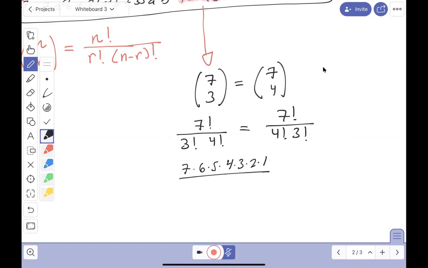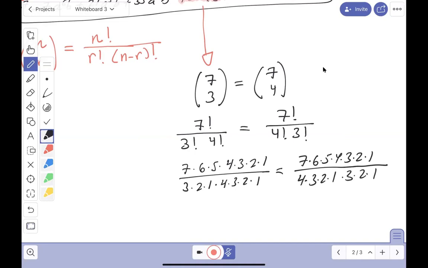I'm really not interested in doing that, by the way. The bottom is 3 times 2 times 1, and then 4 factorial, which is 4 times 3 times 2 times 1. Let's do the other side. A lot of writing, though, isn't it? 7, 6, 5, 4, 3, 2, 1. 4 factorial is 4, 3, 2, 1. And 3 factorial is 3, 2, 1. Get my red pen out, cancel things off.